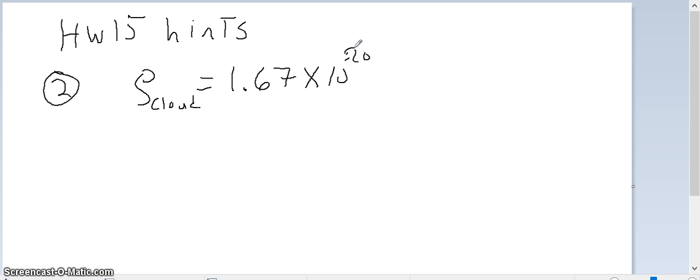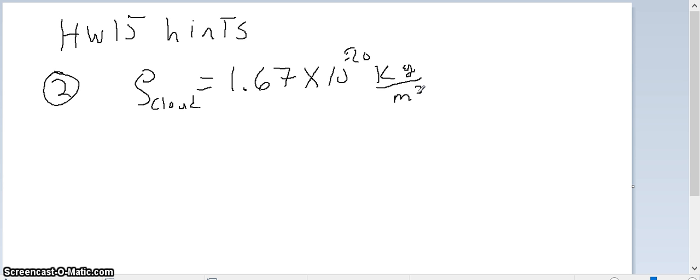It's in kilograms per cubic meter. That's a little different than what we're used to, grams per cubic centimeter, but it's perfectly fine to use density in those units. For this particular problem, that works out really well.